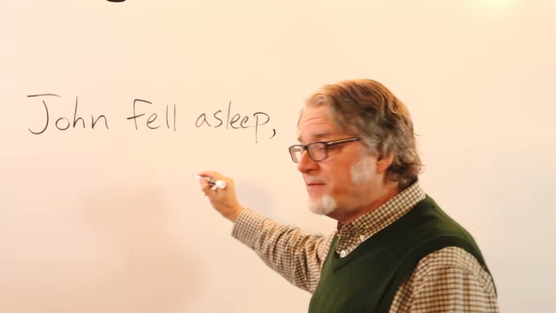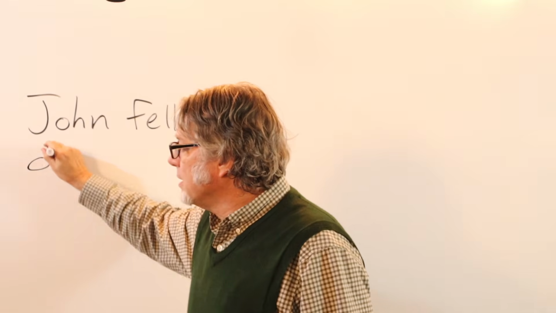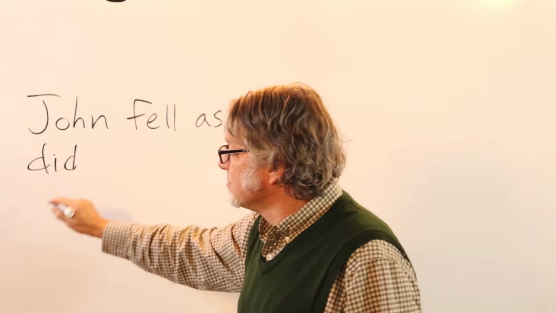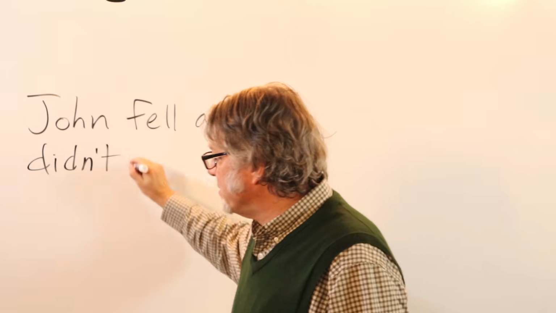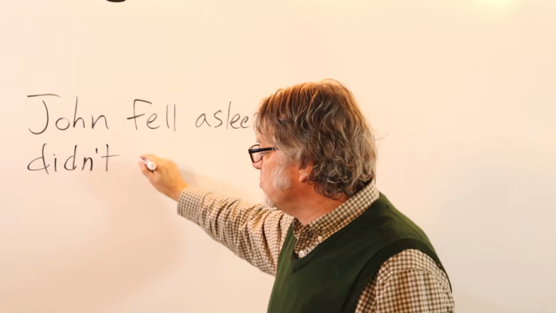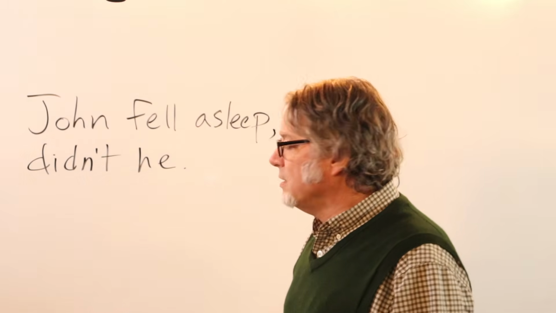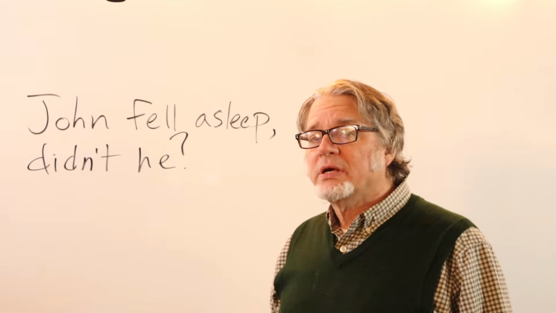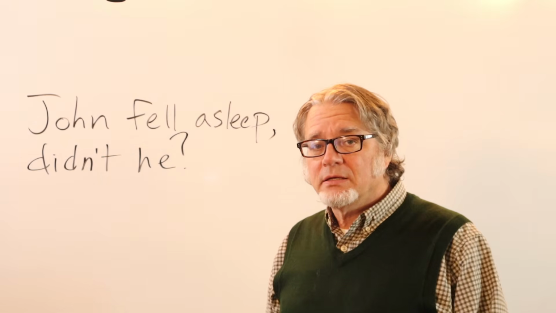John fell asleep. This is the helping verb for the past tense. Make it negative, and then because this is a man, you use the pronoun. Didn't he? John fell asleep. Didn't he?